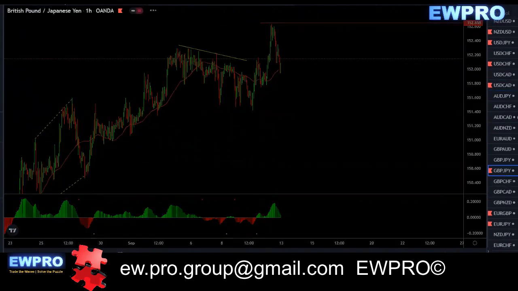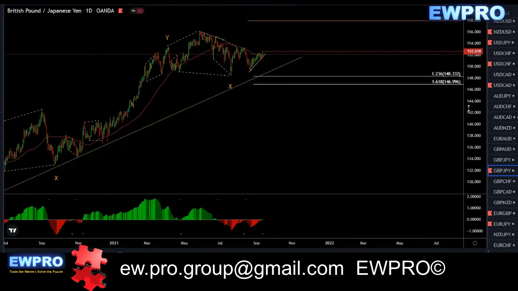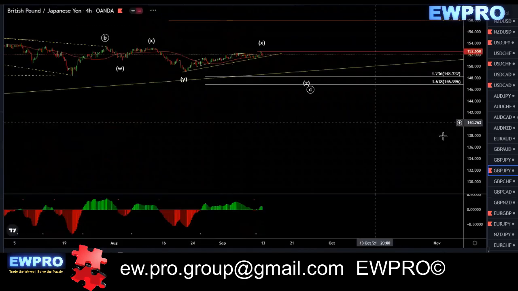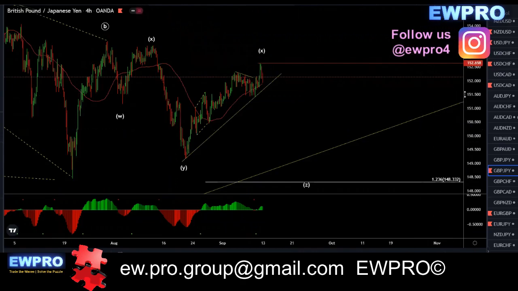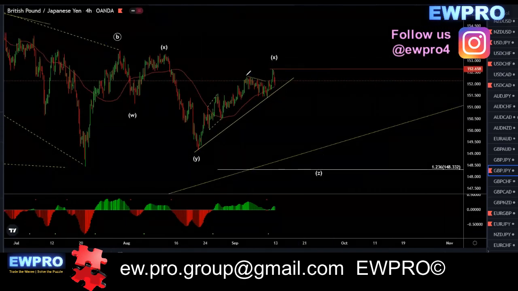UJ on the daily, again, this is very tricky because like GU, we got this deep correction in here. Instead of breaking out, giving us a correction in here and then going and breaking the top, we got all this in here. So it makes it very difficult to trade. We were looking for that Z down, but like I said last week, this was looking very bullish still.